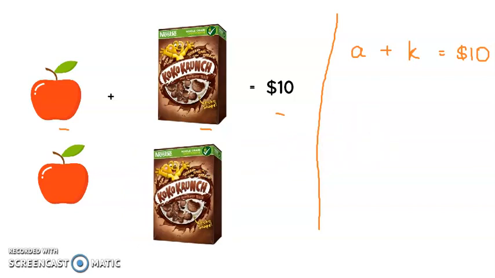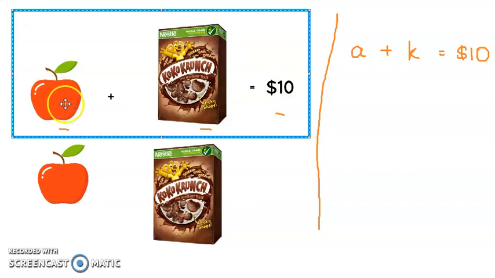Now you have this equation at the top. This entire equation here: one apple and one Cocoa Crunch is $10. If you want to have two apples and another Cocoa Crunch, how much would everything cost? Take 2 seconds to figure it out. You need to multiply, right?